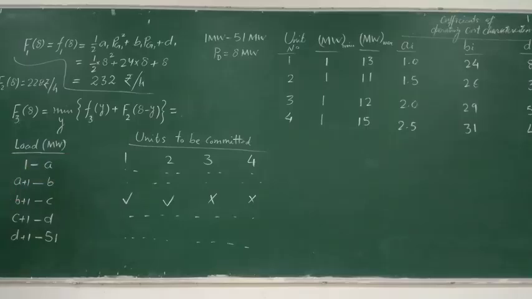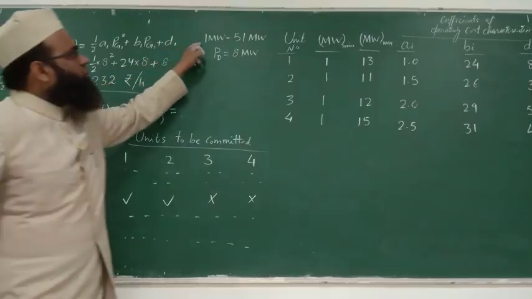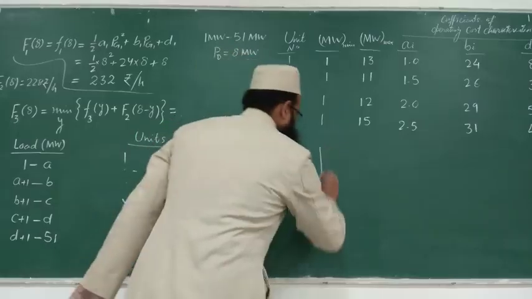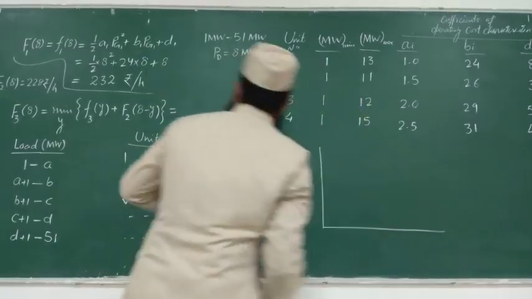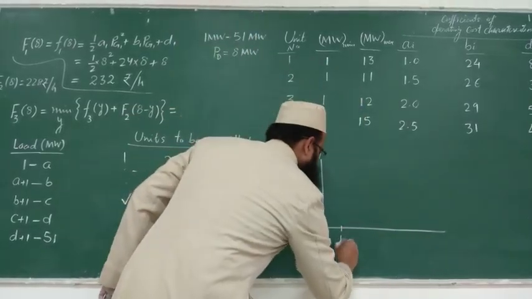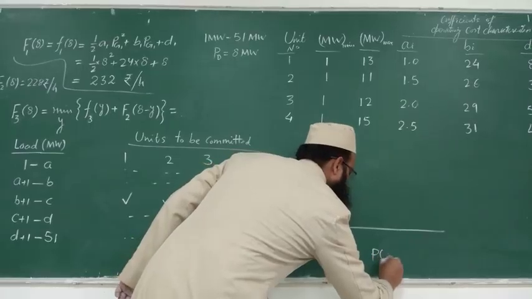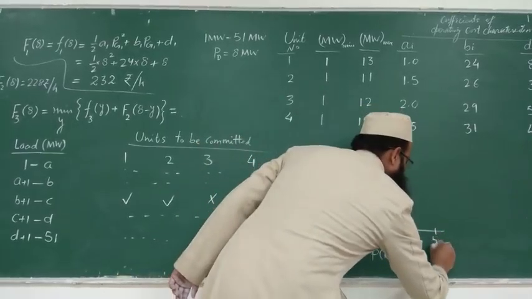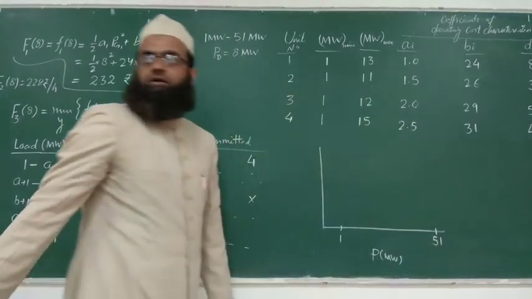So once this is prepared, for each load starting from 1 to 51, let us draw here. Starting from, say, this is 1 megawatt, this is load P in megawatt, and up to this will be 51 megawatt.